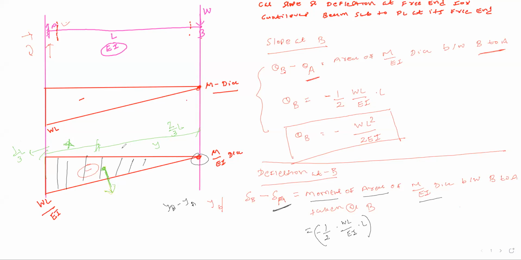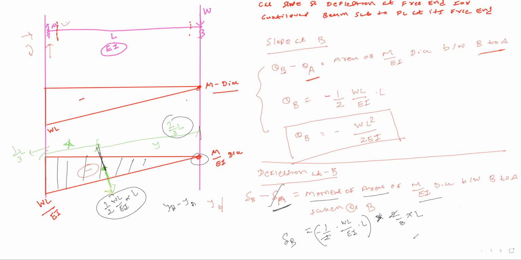Yes, sir. So now I am interested in taking the moment of this particular area. The area is 1/2 WL by EI into L. To take the moment, we need to multiply this area with the distance 2/3 L. The 2 cancels out.